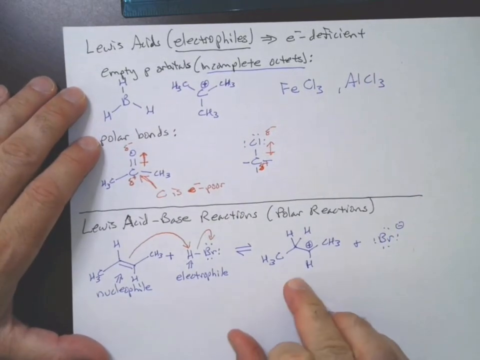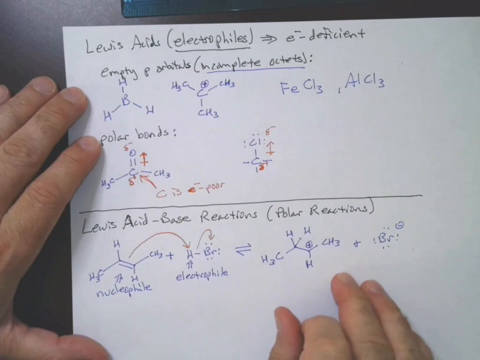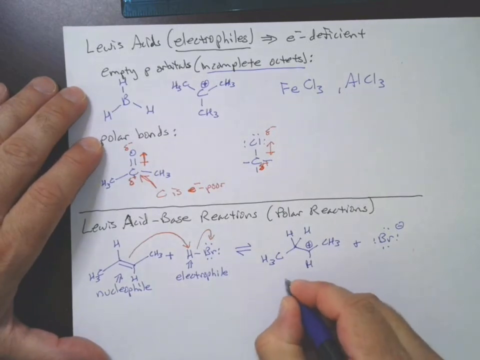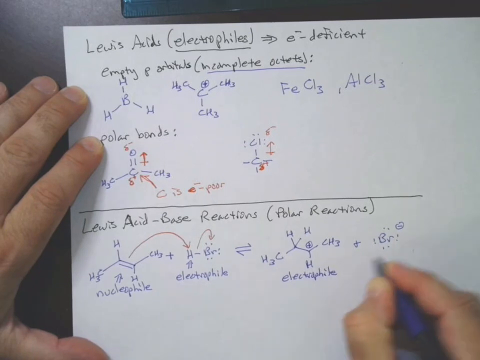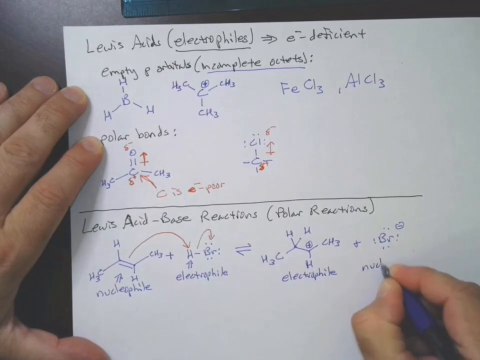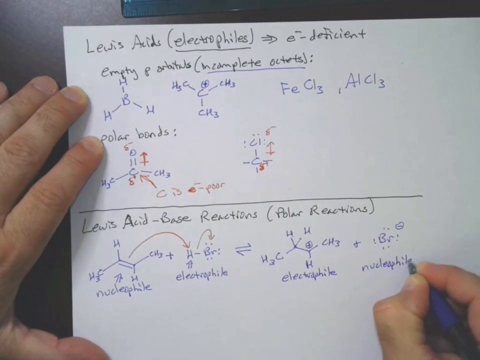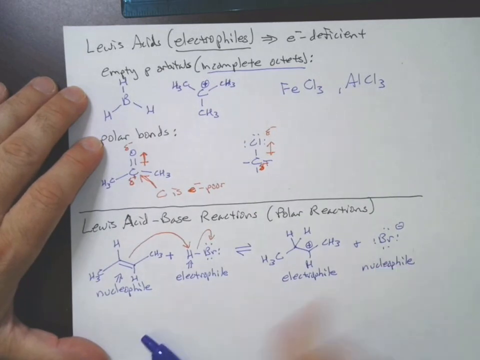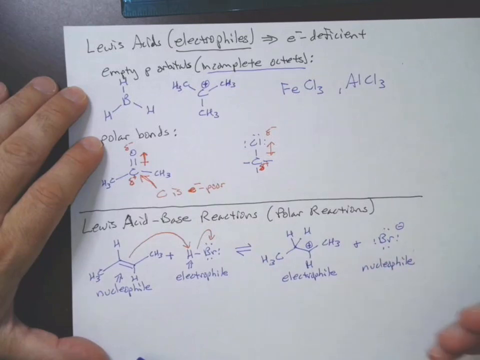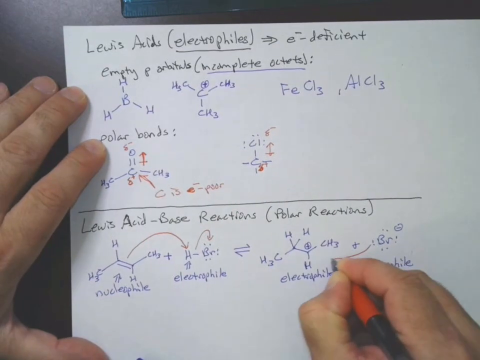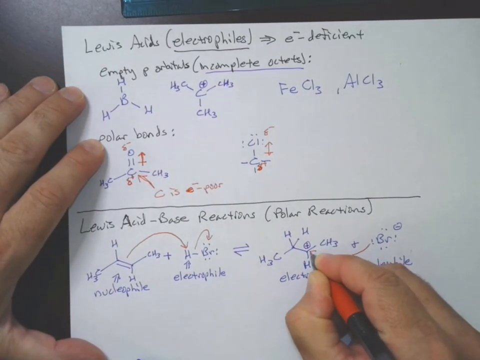Now notice that in this intermediate product here, I've got a carbocation. That's going to be an electrophile. And my bromine has lots of electron density on it, negative charge, 4 lone pairs, so that's going to be my nucleophile. And now I can draw my arrow showing where my electrons are going.